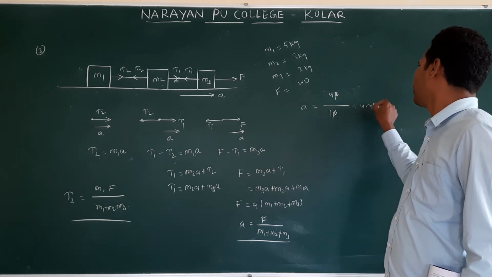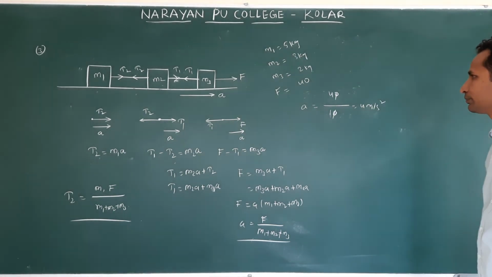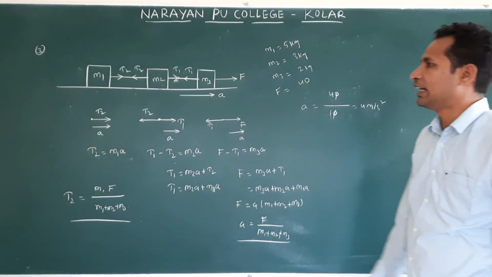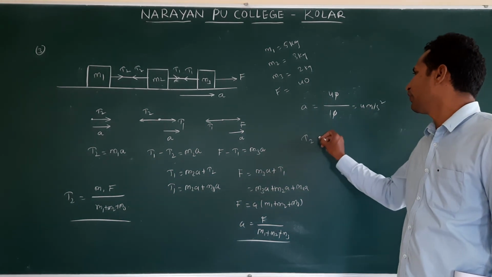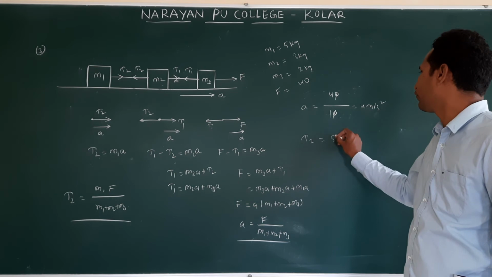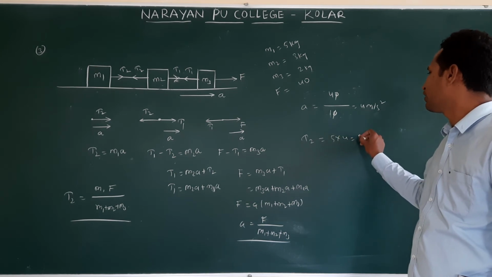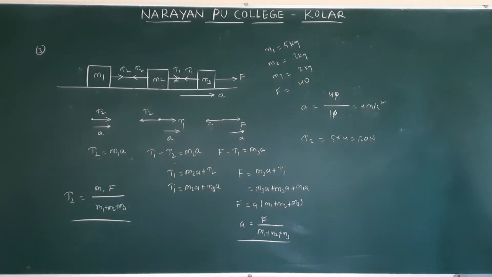So 4 meters per second squared acceleration. They are asking for the tension. Once we got A, the tension between the first body and second body, T2, is M1 times A. M1 is 5, 5 into 4 is 20 newtons. Clear?